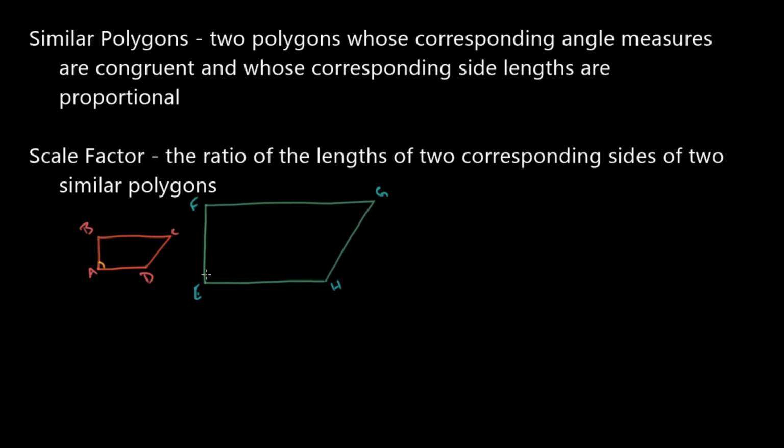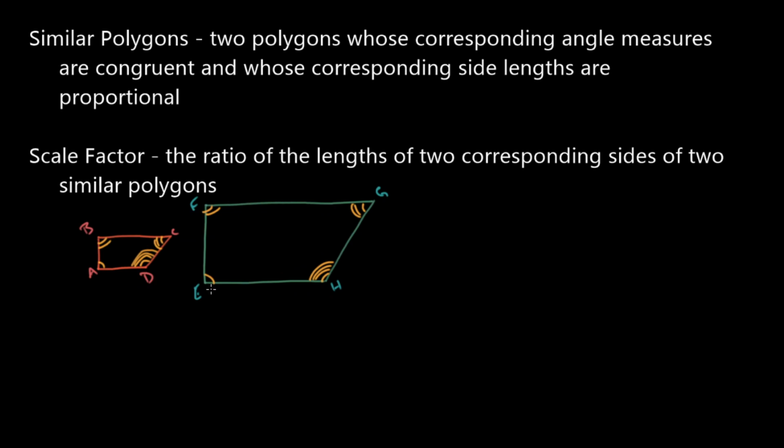So if A is congruent to E, and B is congruent to F, and C is congruent to G, and then D is congruent to H.